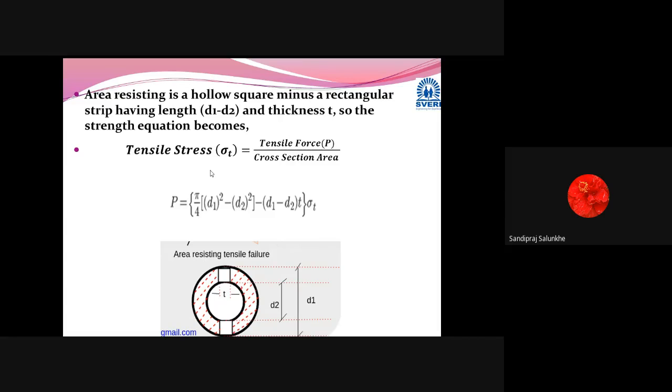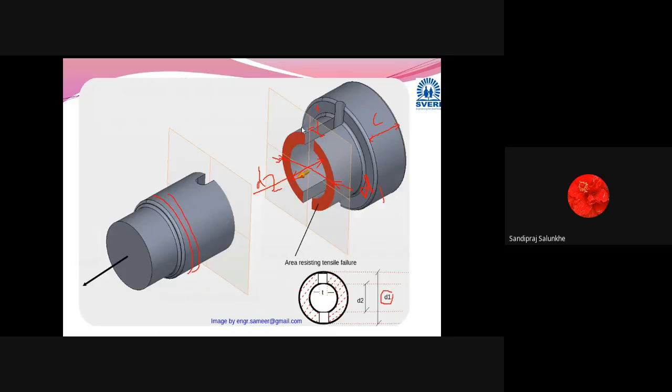From that, we calculate the design stress by considering the factor of safety. Once we do all this calculation, that value we consider here as sigma T, the allowable tensile stress in this socket. Everywhere that will be the allowable tensile stress.